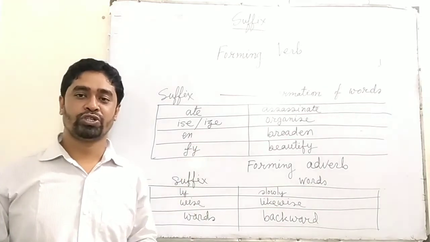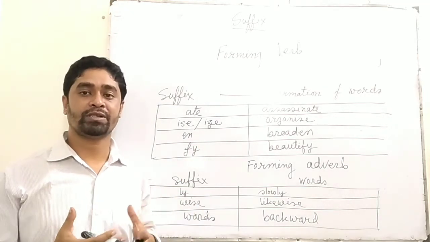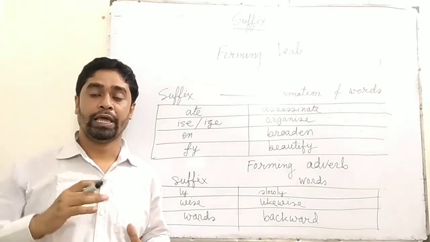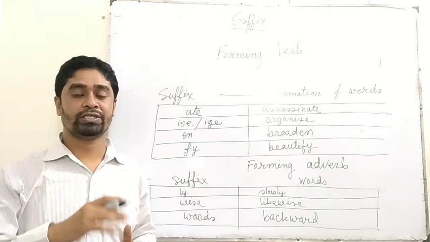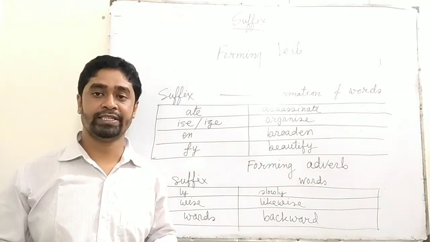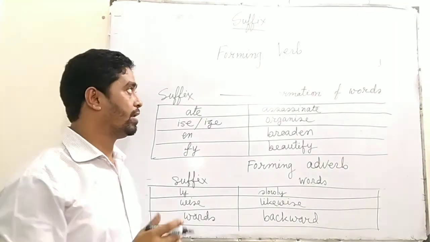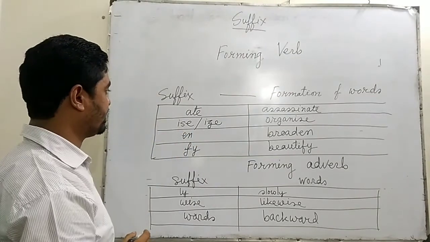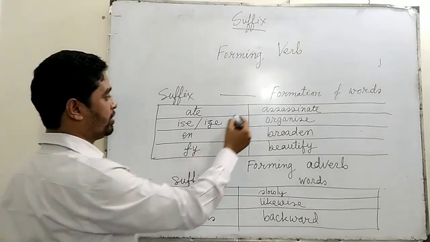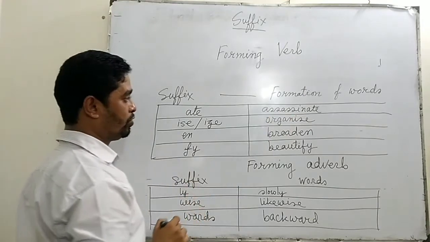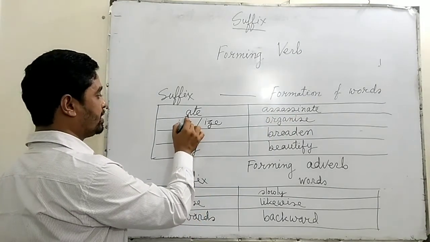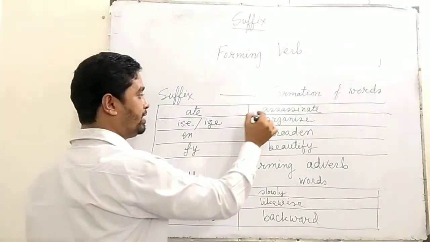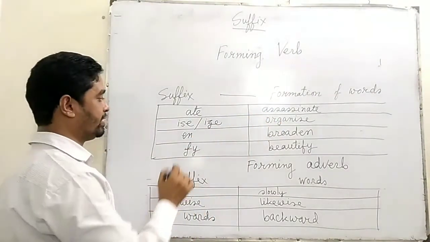On the board, I have written some suffixes and they have made these words into various parts of speech, like forming verb. There are some suffixes and they have made these words into verb. First, ate is a suffix and it has made a verb, that is assassinate.